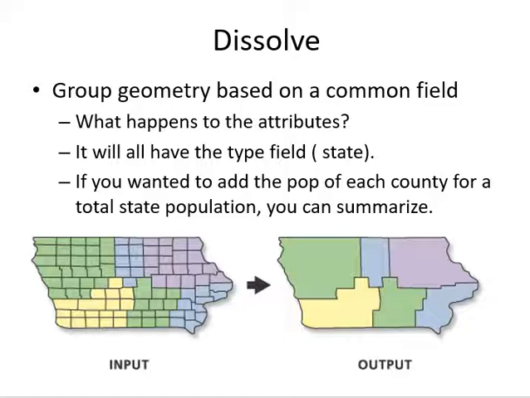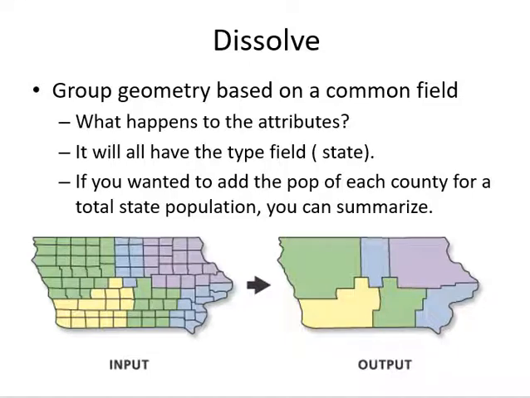So if I had all of the counties in the US and there was a field in my attribute table that said the state name, but I didn't have the state feature class, I could dissolve each of these counties on the state name, which means everywhere there is a state name and the counties touch each other, it would spit out one large polygon. You can see how that would make my file a lot smaller and maybe even make my analysis a little bit easier if I didn't have quite so many polygons to deal with.